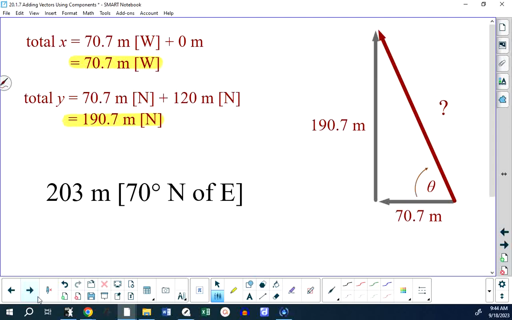I just want to confirm that what I've got up here is correct as well. And it's 70 degrees north of east. North of west, there I go again. See, I've got my east and west backwards.